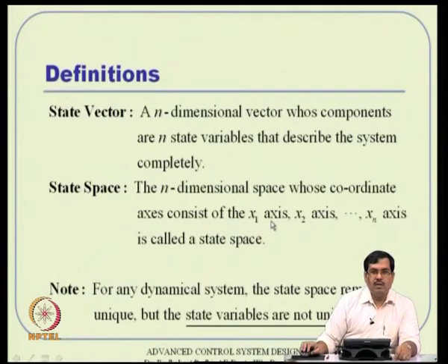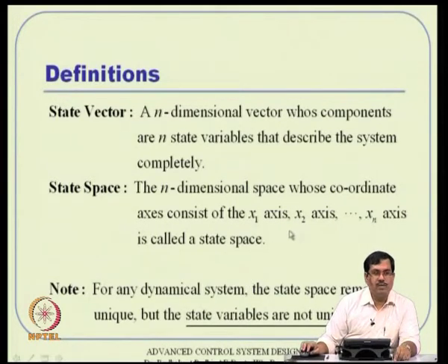And remember, all that is required is that these state variables are linearly independent of each other, that also satisfies a requirement of a state space. The coordinates need to be linearly independent of each other. But also remember that these coordinates need not be orthogonal. That means, if you take the inner product of x1 and x2, that need not give 0.